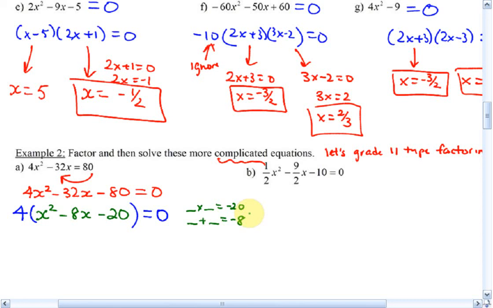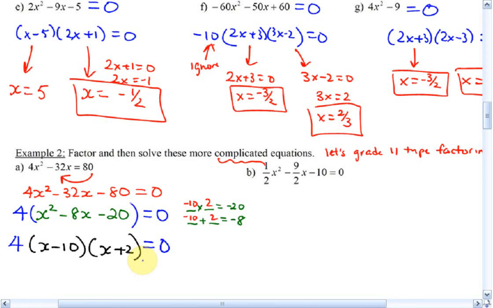Negative 10 times 2. Negative 10 and positive 2. Correct. So therefore, we'll keep the 4. And instead of having these big brackets, we can write them as two binomials. They will be x minus 10, and the other one will be x plus 2. And this, of course, still equals 0. That's great. You factored this.